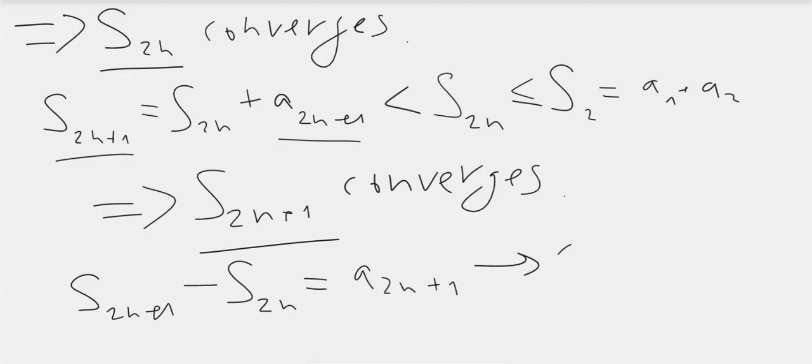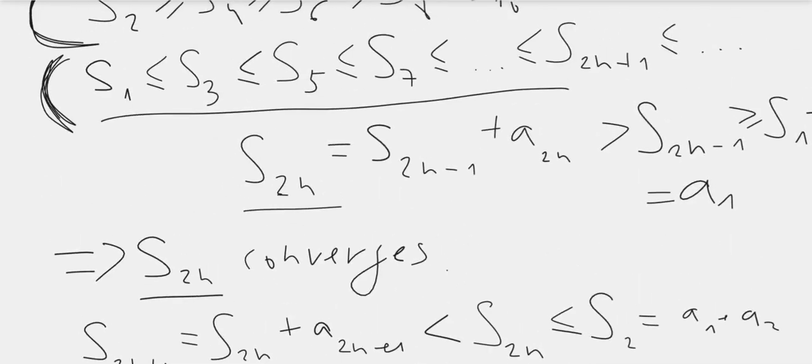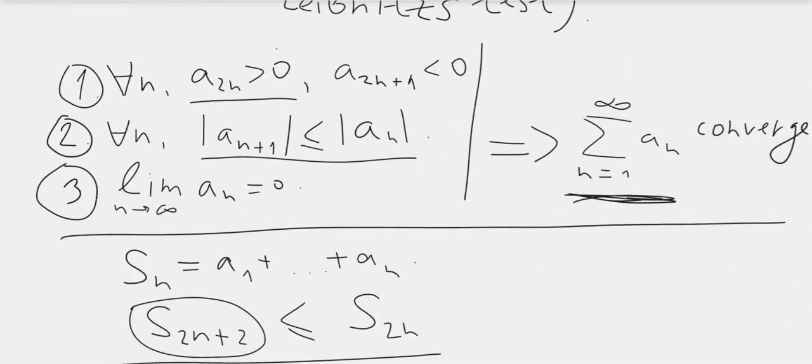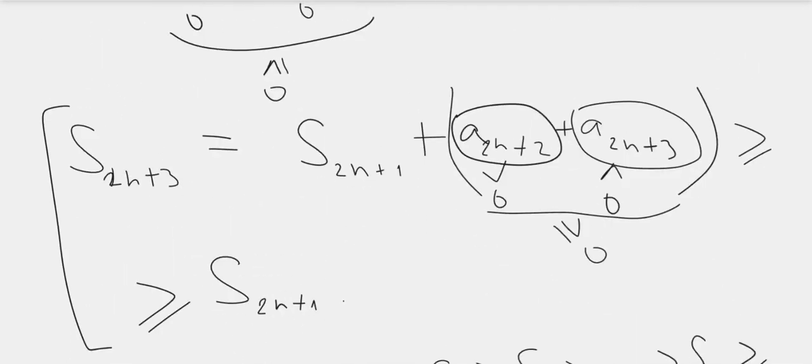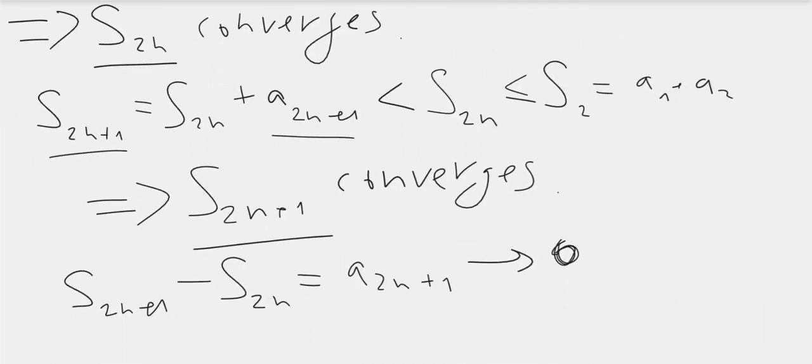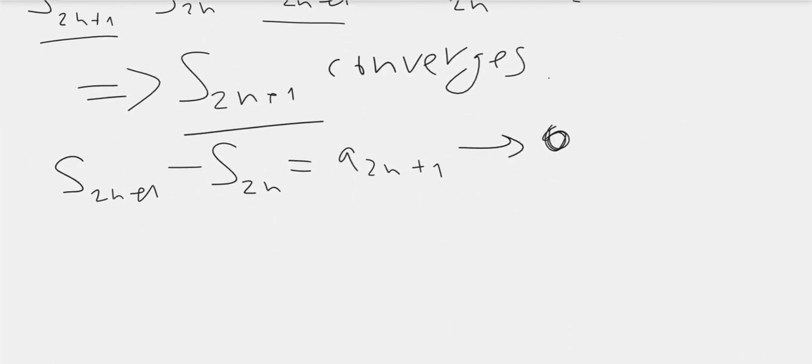This tends to 0 by the third condition of the theorem, the limit of an is equal to 0. Therefore the limit of both of these sequences must be the same.